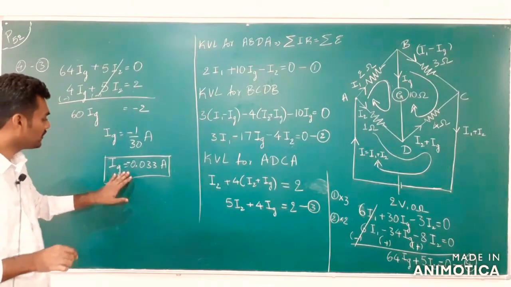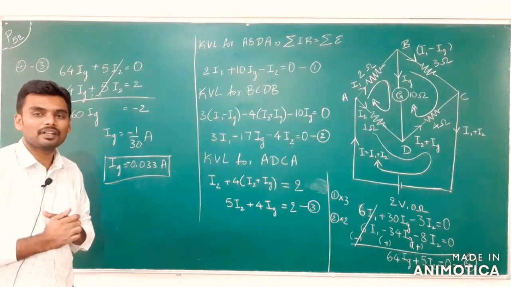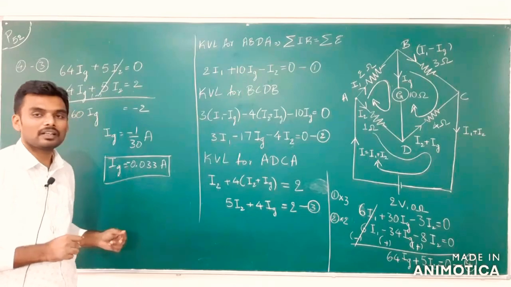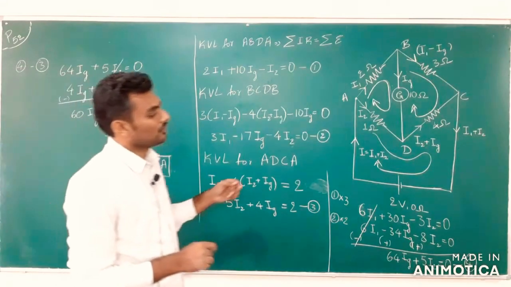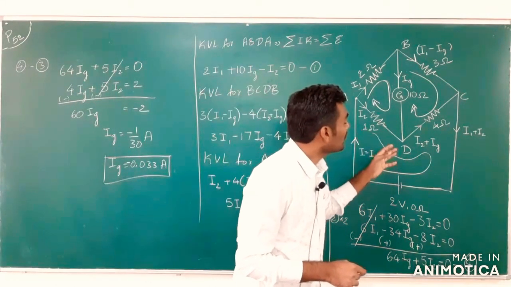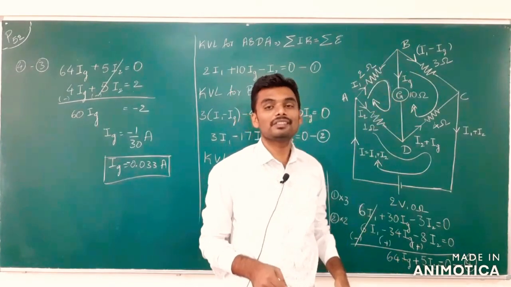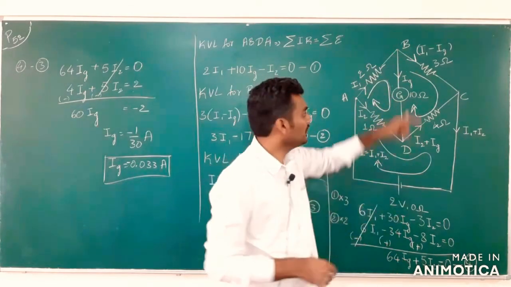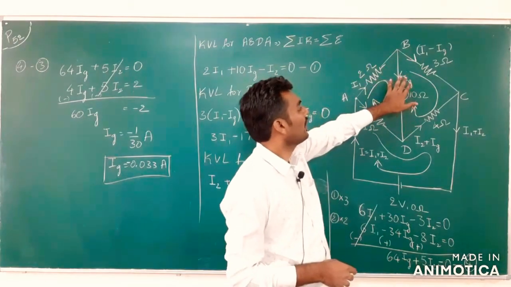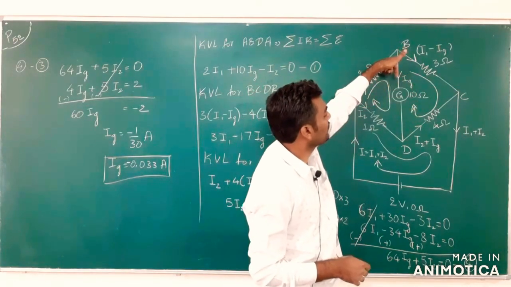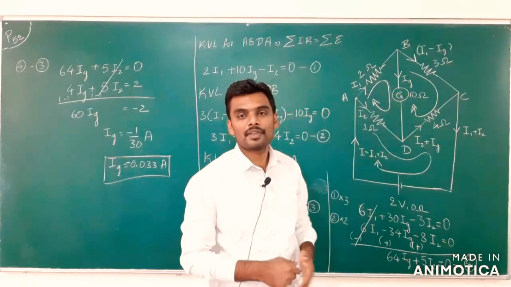Now, what is the significance of this negative sign? Why did we get the negative sign in the final answer? See, it was not given that Ig is flowing like this itself. Instead, we assumed that Ig is flowing in this direction and considered this as the positive direction of Ig.